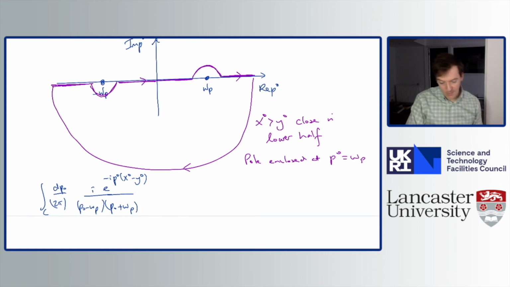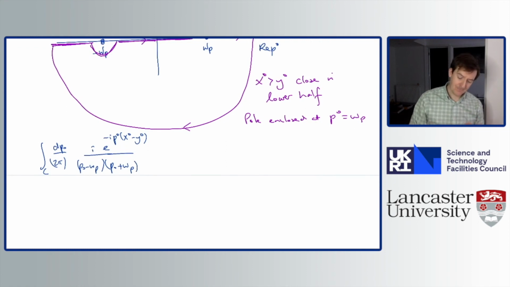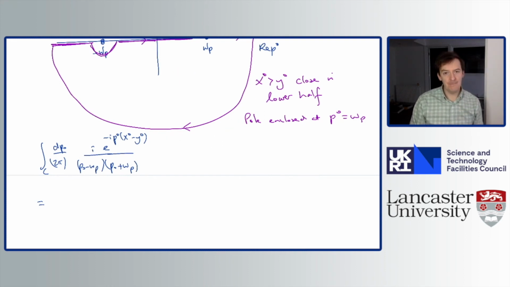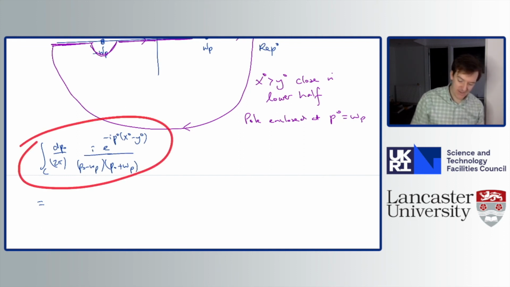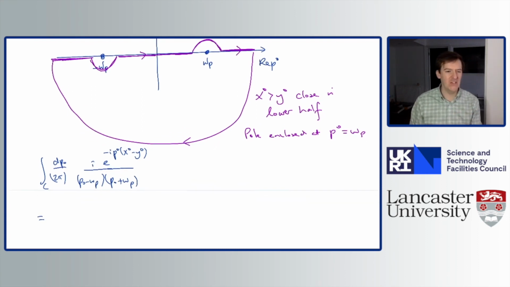You can break this into a contour that goes from minus infinity to infinity and a contour that goes along this great circle, and in principle you can put the contours around the poles and so on. Using, as I said, things like Jordan's lemma to argue that certain bits of this contour will vanish, you can show that this integral is equivalent to the integral only over the real axis, going from minus infinity to plus infinity, so the integral we want to do.